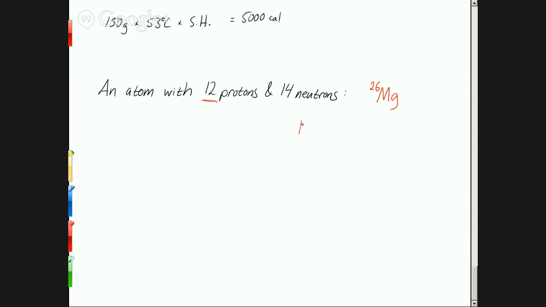How many electrons would this atom have? 12. How do you know? Assuming the atom is neutral, you have the same number of protons as electrons.